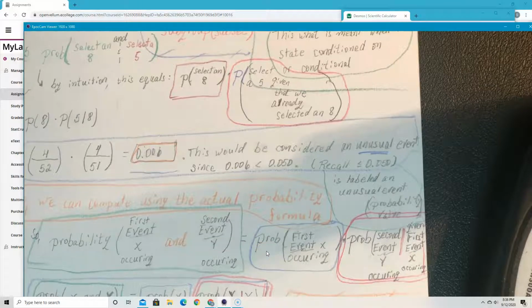probability formula, which is this right here, equals the probability of the first event, I just named it X, occurring.